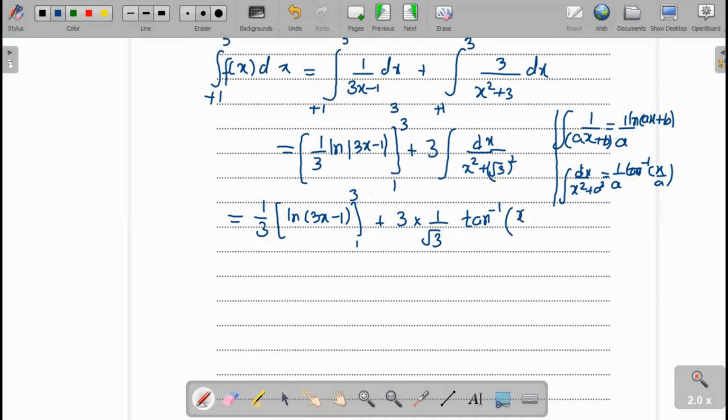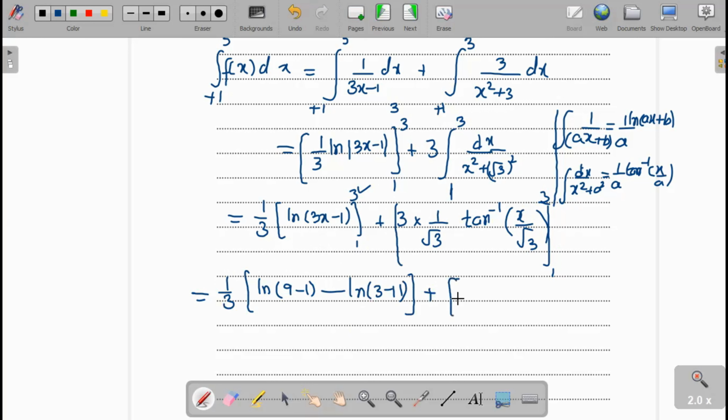Now here a is under root 3. Now we put in the limits: ln of 3 into 3, which is 9 minus 1, minus ln of 3 into 1, 3 minus 1. Okay. Now plus 3 over under root 3.